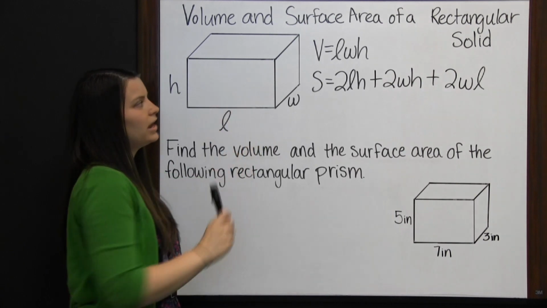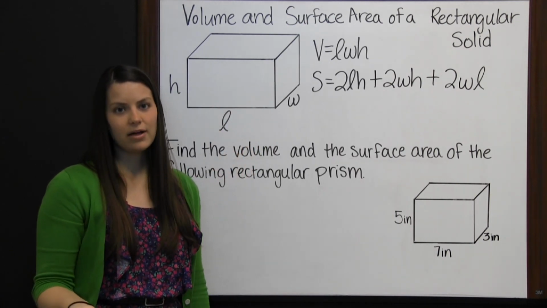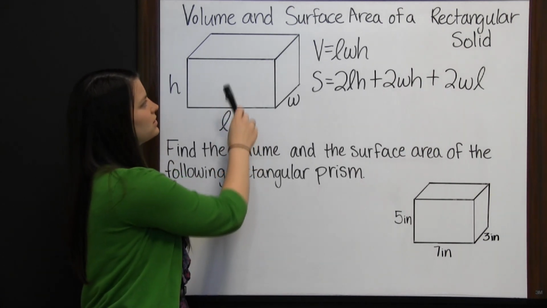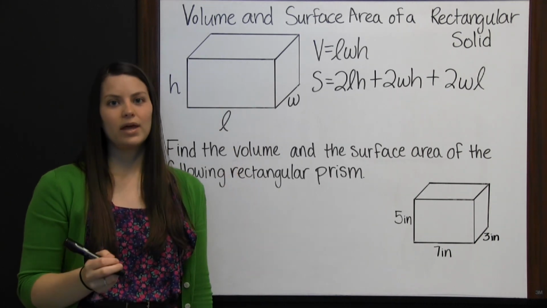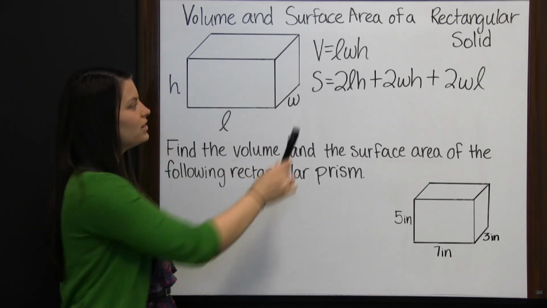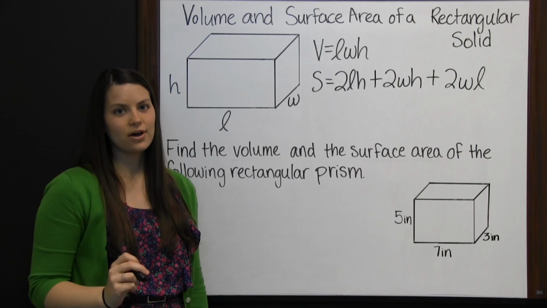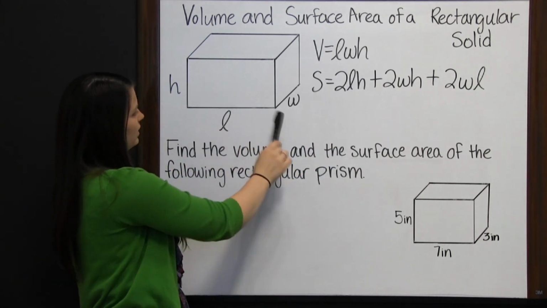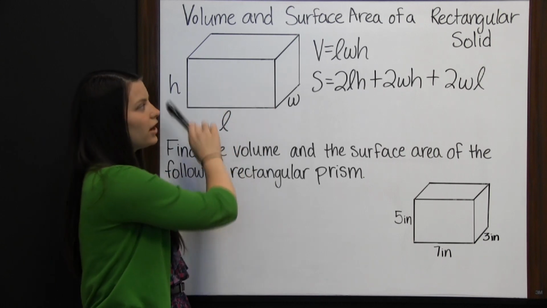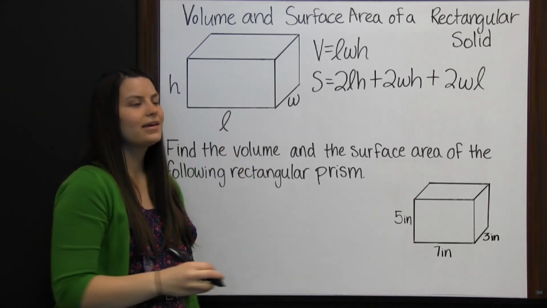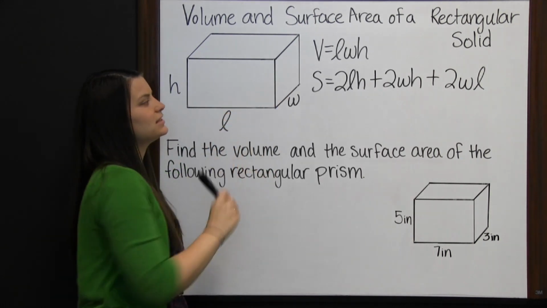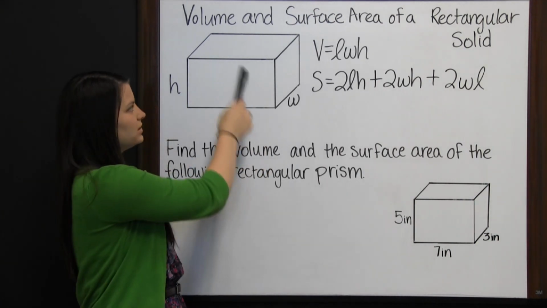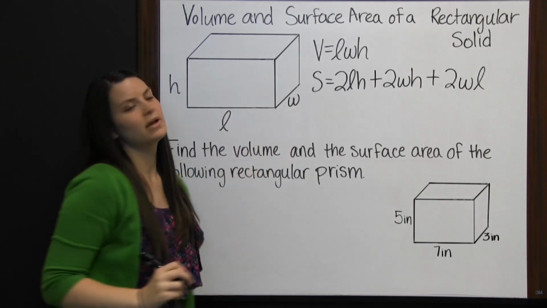The left and the right, again, congruent and parallel. And finally, the front and the back are congruent and parallel. So to find the surface area of a rectangular solid, find the area, length times height, of the front or of the back. And since there are 2 faces exactly like that, the front and the back, you multiply that times 2.